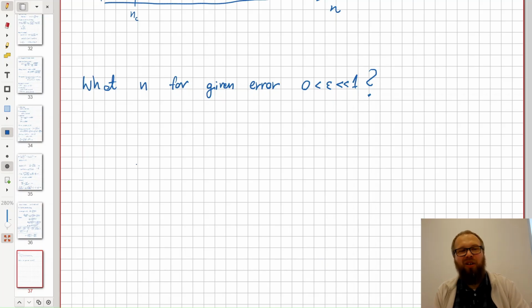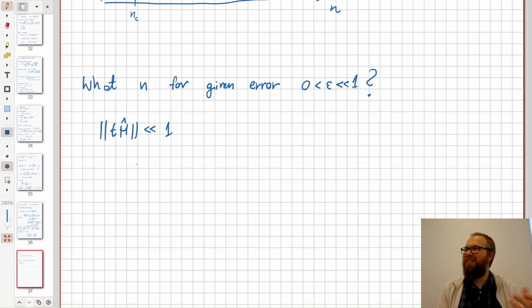If time is short, if this is small, okay, that's why it's nice to use t times h, because we don't have to worry about how many milliseconds or whatever. So this is the parameter, okay? If this is small, achieving any accuracy goal is very simple.